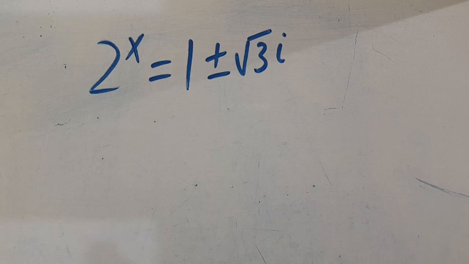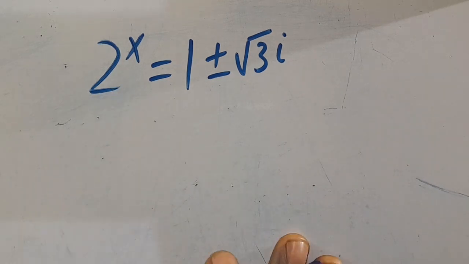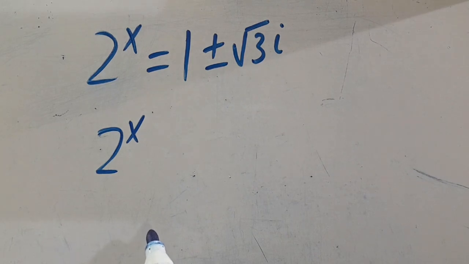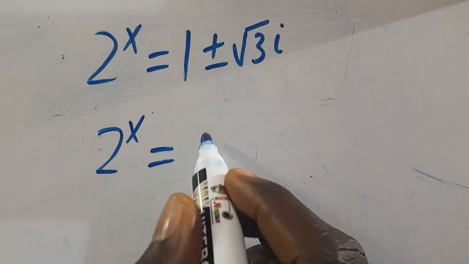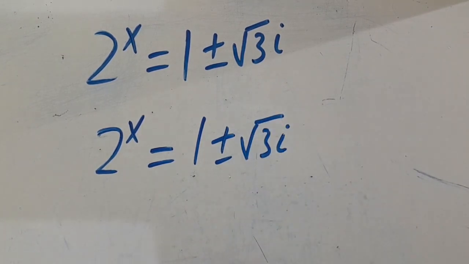So therefore, we have our x to be equal to this, but we must know that 2 to the power of x equals 1, positive or negative, root 3i.